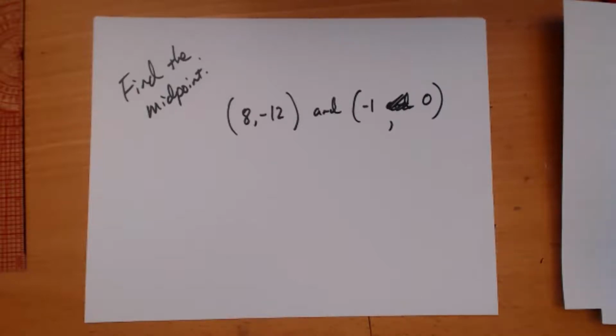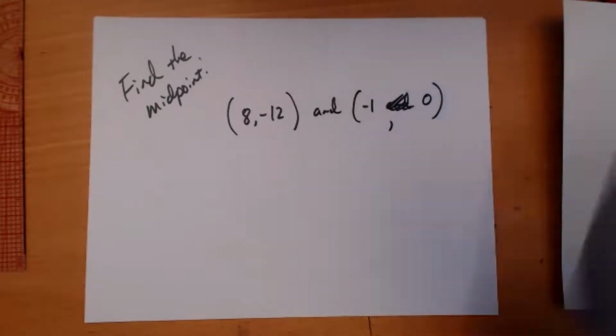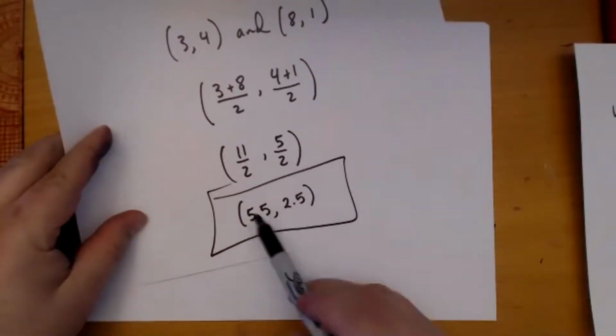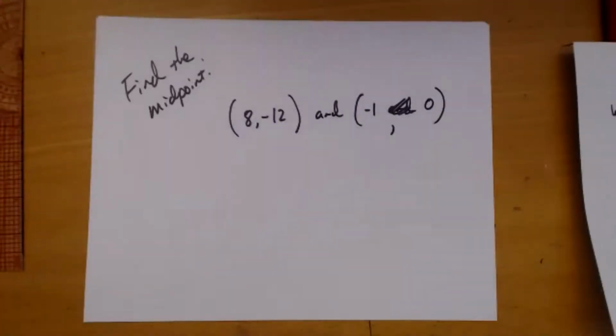Make sure you put your answer in the right form. I need parentheses. Without parentheses, it means something else. Guys, it has to look like that. It's got to have parentheses and a comma, okay? If you don't have parentheses and a comma, it's wrong.